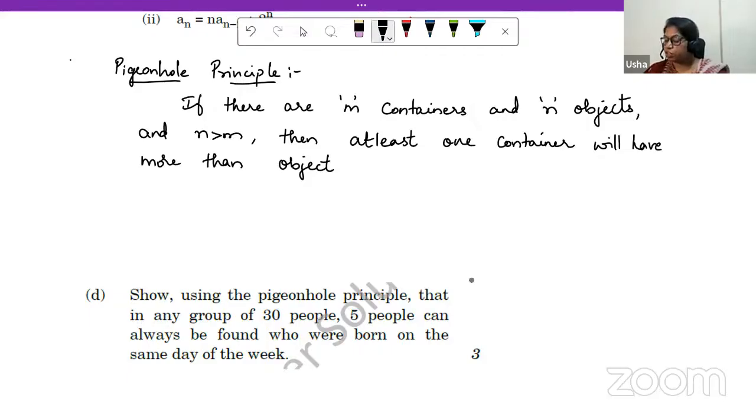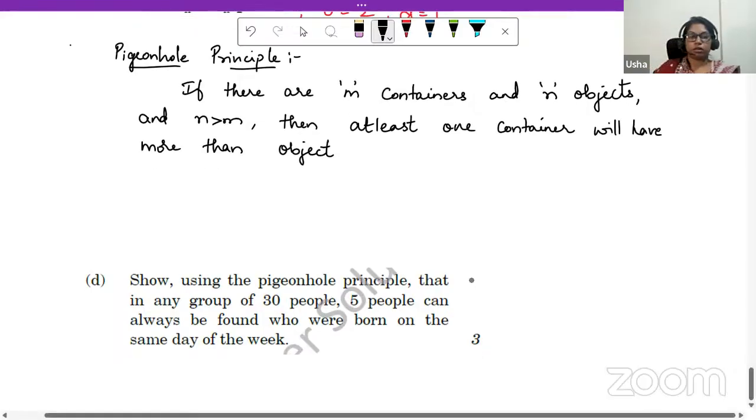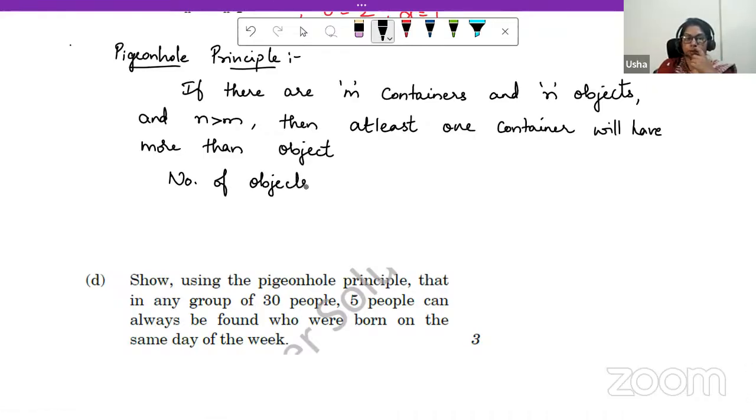So in this, to find out how many objects will be present in that one container, the minimum number of objects in a container is given by the number of objects divided by the number of containers, plus 1.